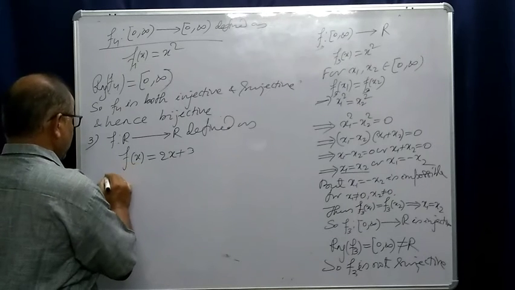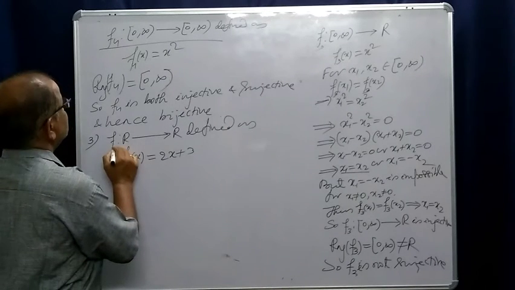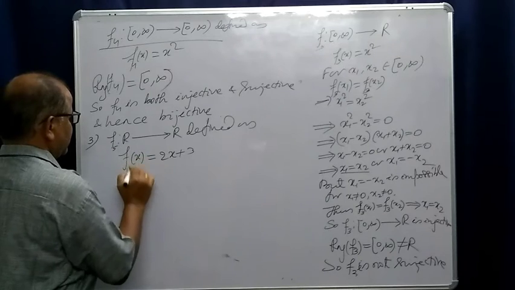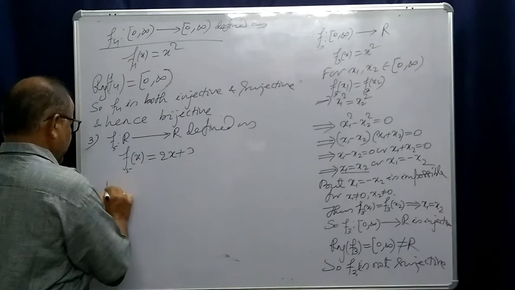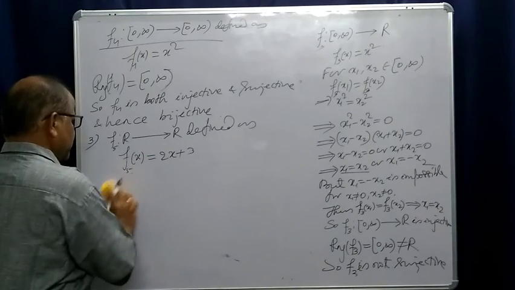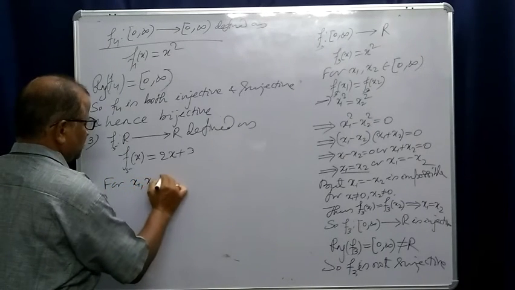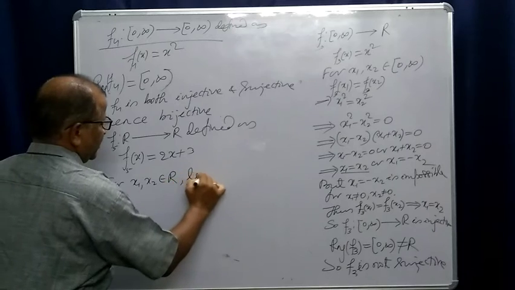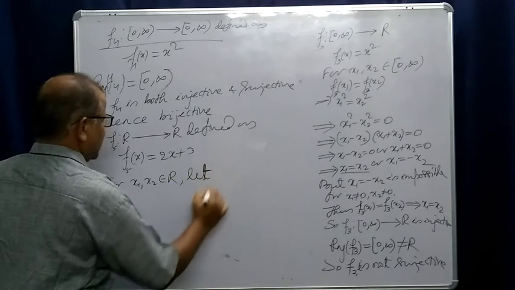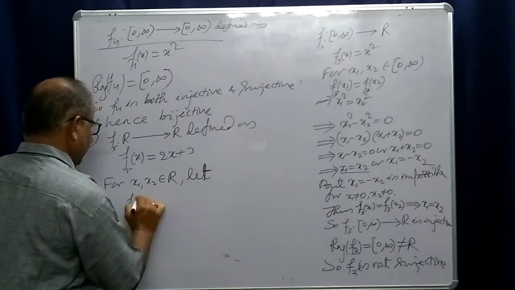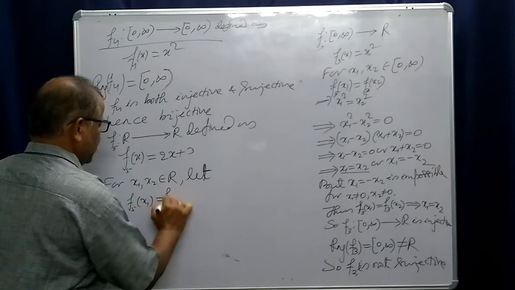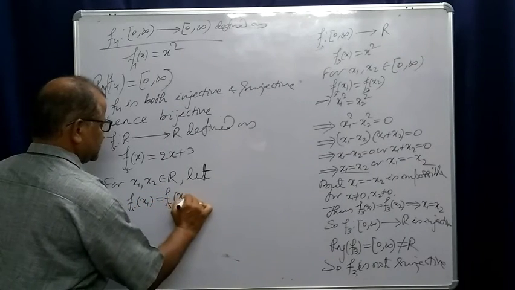Okay, suppose f5, right? Let x1, x2 belong to R, let f5 of x1 be equal to f5 of x2.